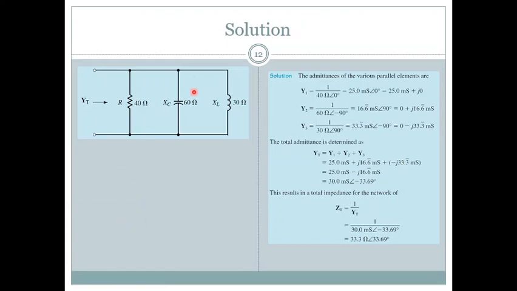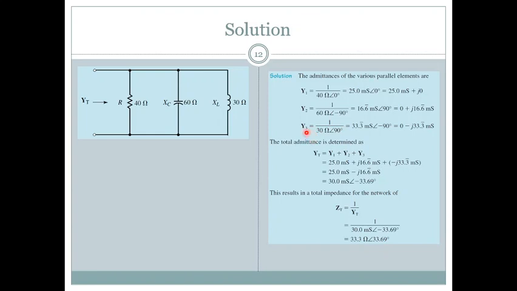All impedances will have to be converted into an admittance. Here the impedance is just 40 ohms, angle 0, so 1 upon that is admittance. Y2 is this one, so it is 60, angle minus 90, so the reciprocal is taken, so that is this.